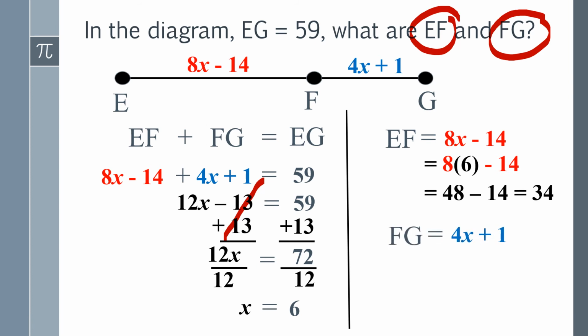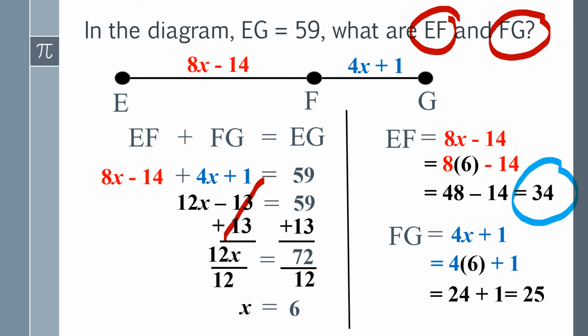Segment FG is equal to 4x plus 1. Substitute 6 back in the place of x. 4 times 6 is 24. 24 plus 1 is 25. So if you go back and you add 34 to 25, it should equal 59. And if it is, we're right. If it's not, something went wrong in solving for x. Go back to the drawing board.